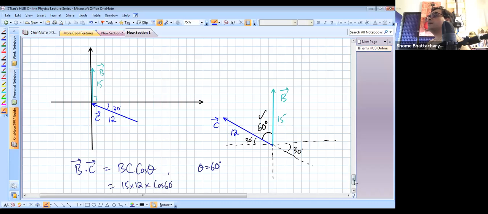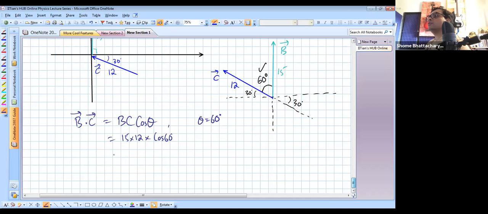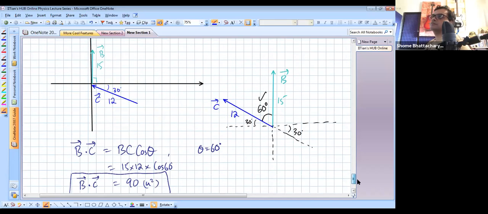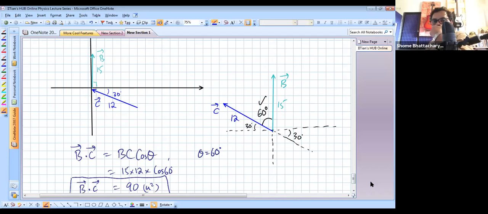It will again give you 90 square units. That is your B dot C. Yes, very good. 90 is the correct answer.